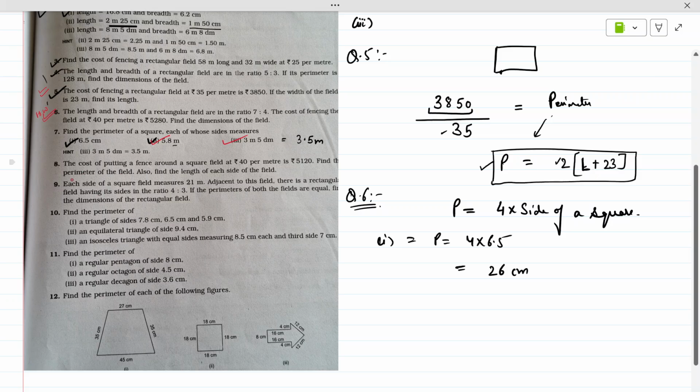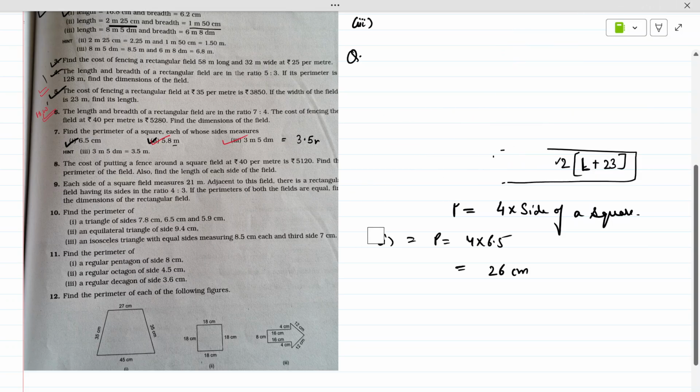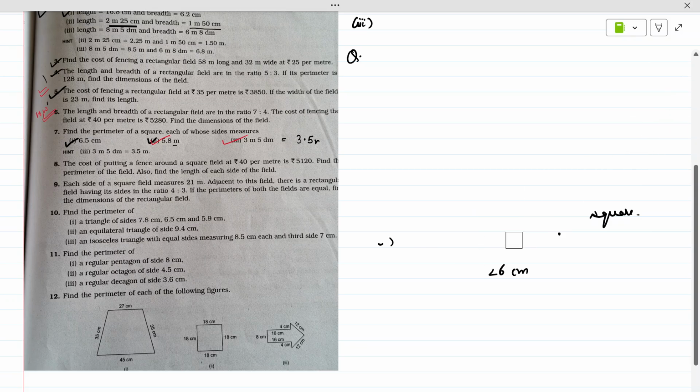Next, we have the cost of putting a fence around a square field. So now we are talking about a square field which we have to fence. The cost of fencing the square field at rupees 40 per meter is this one. So we are given the total cost, we are given the cost per meter.